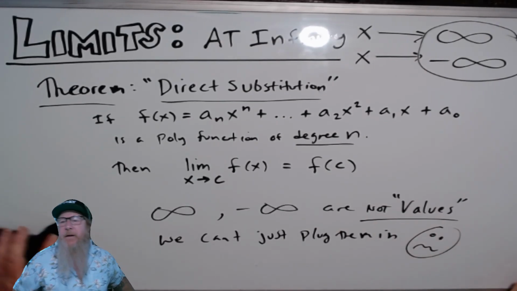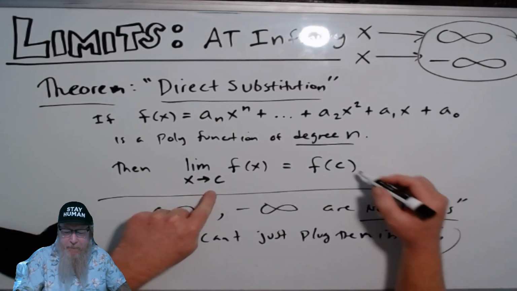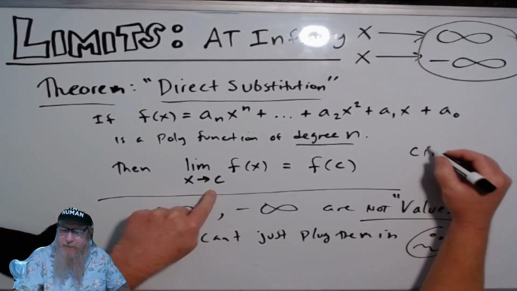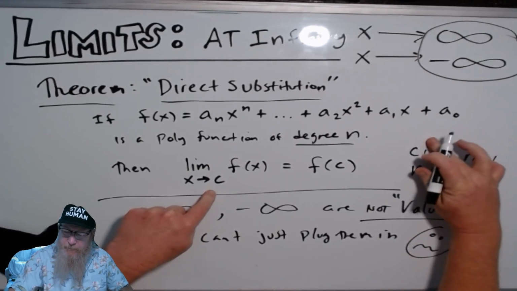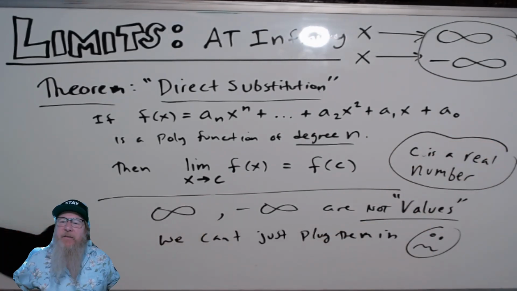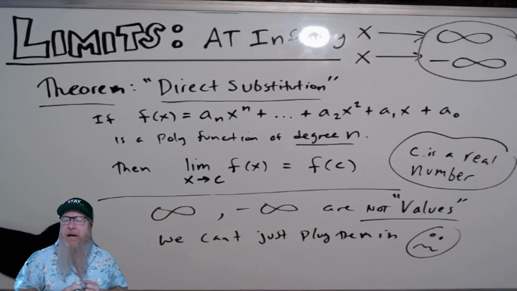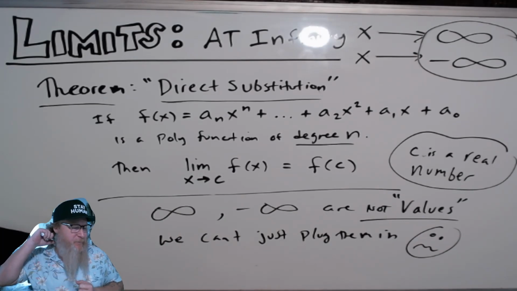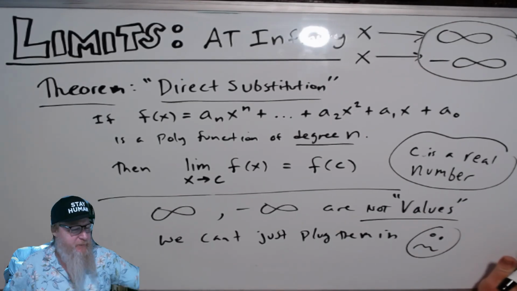This theorem only works when c is a real number. But infinity and negative infinity aren't numbers. So we have to be a little bit more creative about how we plug them in. So we're going to have another theorem.